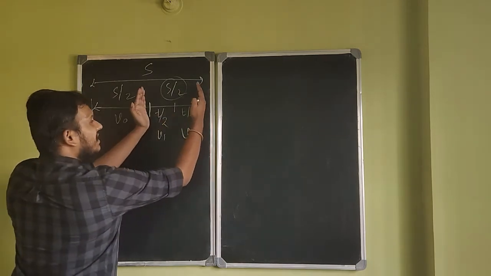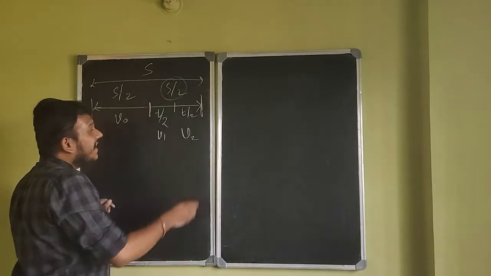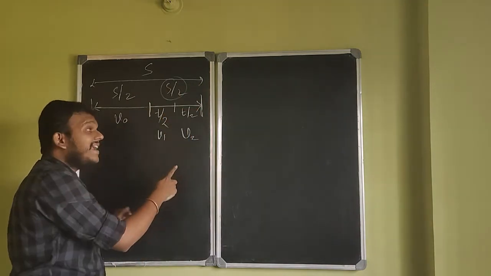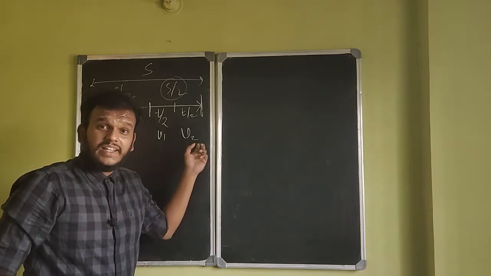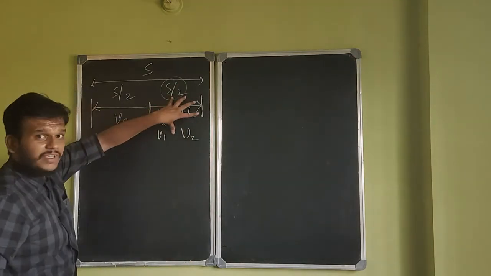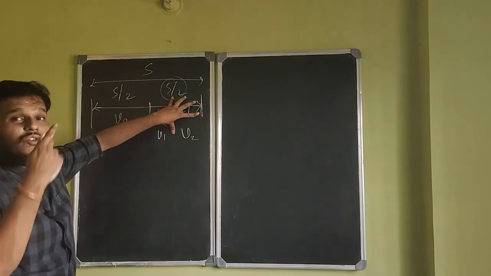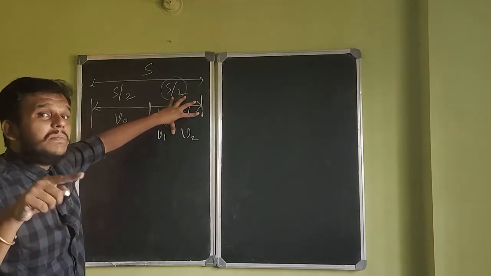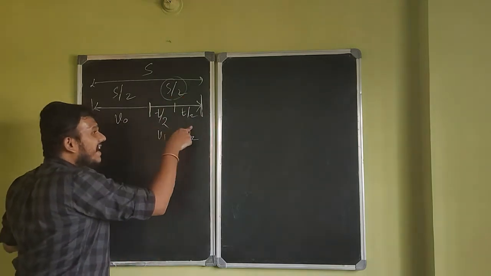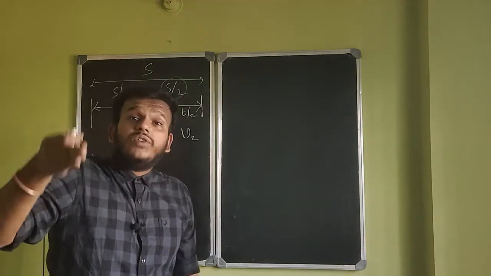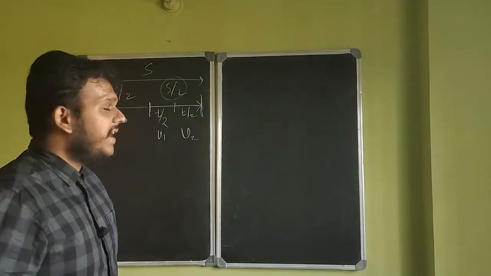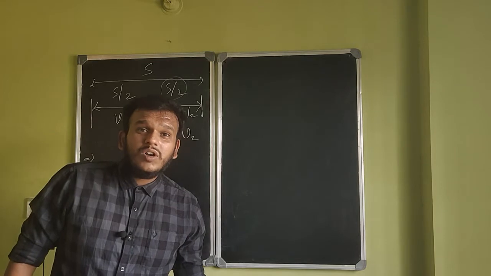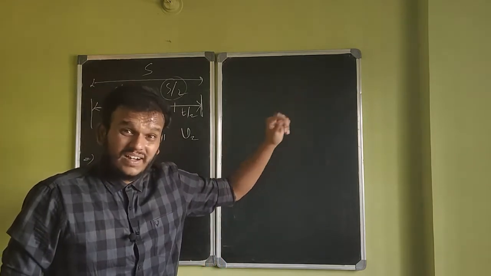So first we'll solve that, get the average velocity for the second half of the displacement, and we are going to use that average velocity to be the velocity during this journey. And therefore I can use the formula 2v1 v2 divided by v1 plus v2. But before reaching there, for this journey at least I have to use the v1 plus v2 by 2 formula, right? If you're not understanding what formula I'm talking about, please check this link, you'll understand what I'm talking about.